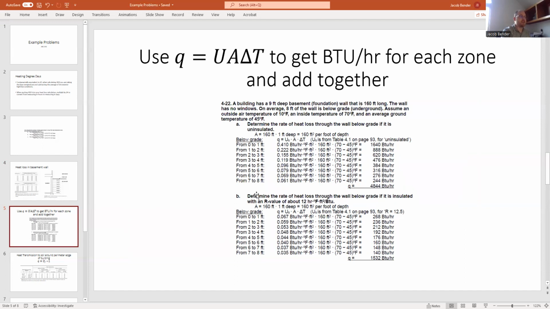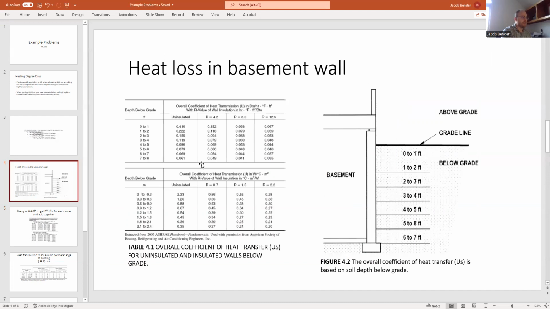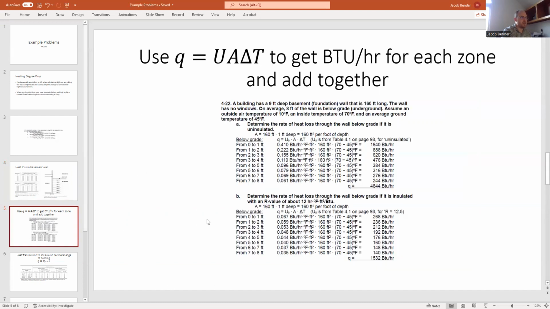Similarly, part B is determining it if it's insulated with an R value of about 12 hour degree Fahrenheit foot squared per BTU. In that case, you're coming into the column here and grabbing your values. We're going to do R 12.5.